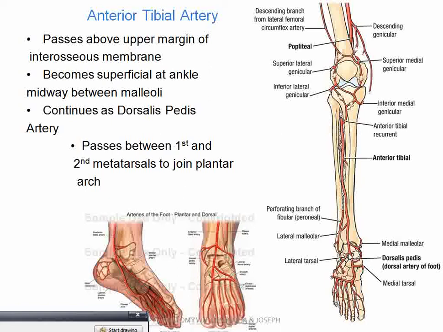Now it passes between the first and second metatarsals. It passes deep in between the metatarsals, then joins the plantar arch. The plantar arch is seen on the sole of the foot, which is formed by the medial and lateral plantar arteries. The medial and lateral plantar arteries are branches of the posterior tibial artery. We just saw it now.